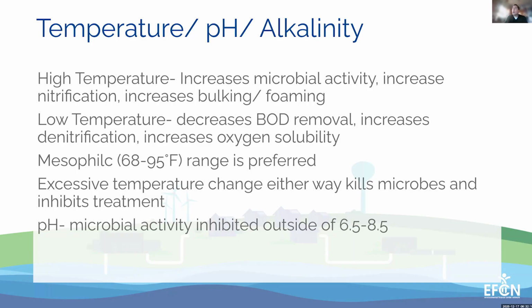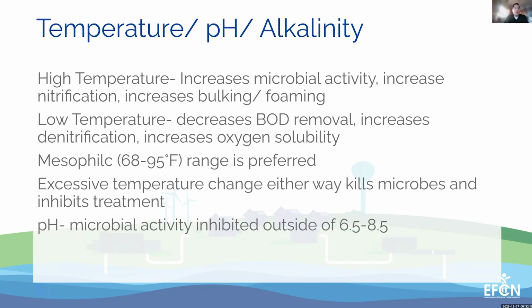Now, low temperatures tend to decrease our BOD removal, increase denitrification, and can increase our oxygen solubility, which means that you don't have to use as much oxygen. So it's good to understand what those mean when they're occurring.